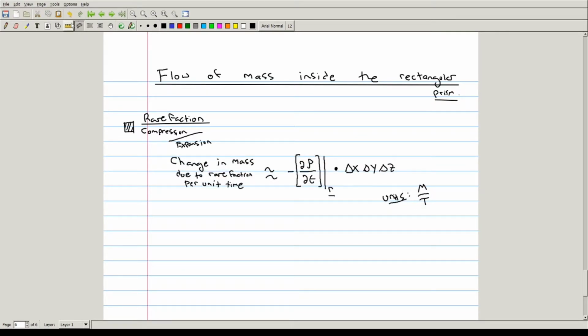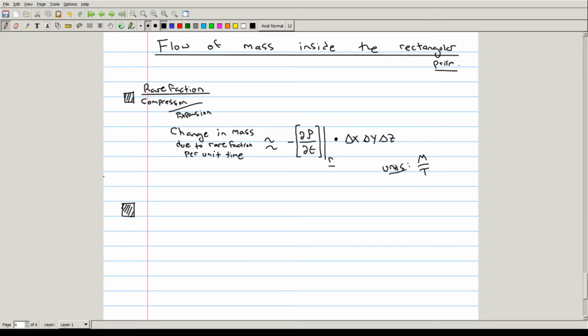And then the other thing is that there are two things that we have to worry about inside the rectangular prism for the mass balance. The other thing that we have to worry about is what's called a distributed source of mass. So if there's something inside this region that's like a pump or producing mass inside the region, that's what we mean by distributed source.